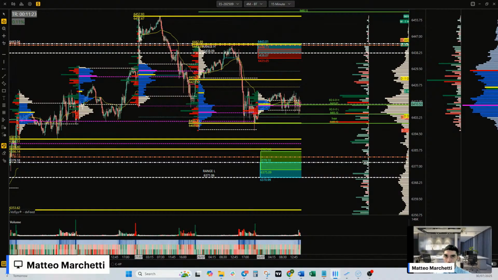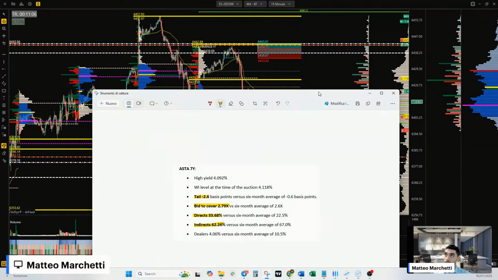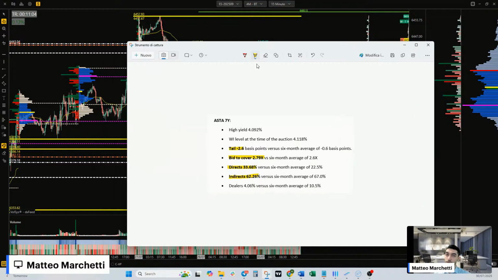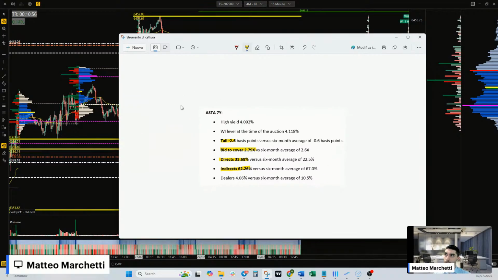The last thing I'm going to discuss with you before going live and checking what's happening in the market is an important 7-year bond auction that happened yesterday in the US market. Because of course, even if we follow the equity market most of the time, the bond market is one of the most important, if not the most important, and we need to follow it.